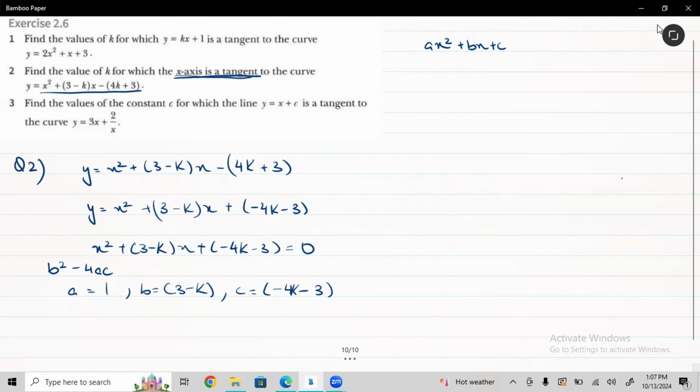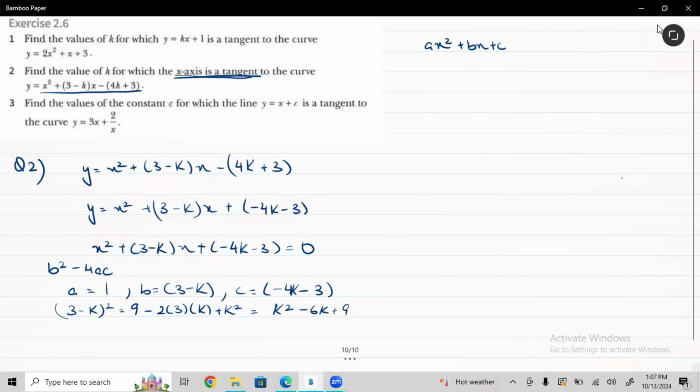Next, b squared, (3 minus k) whole squared, is equal to a squared, which is 9, minus 2 multiplied by a multiplied by b, plus b squared. So this will be k squared minus 6k plus 9.